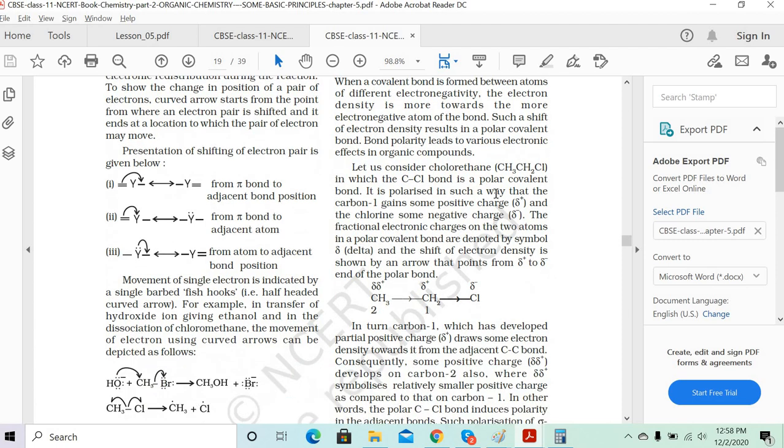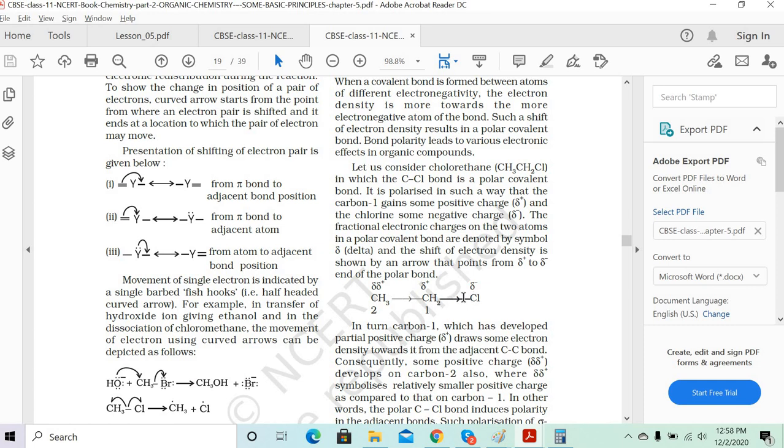So now look at this example. You have written chloroethane, CH3CH2Cl. In this case, we already know the C-Cl bond is polar covalent. What is polar covalent? Because Cl is a highly electronegative element, it takes the electrons which were shared between the carbon and the chlorine towards itself.